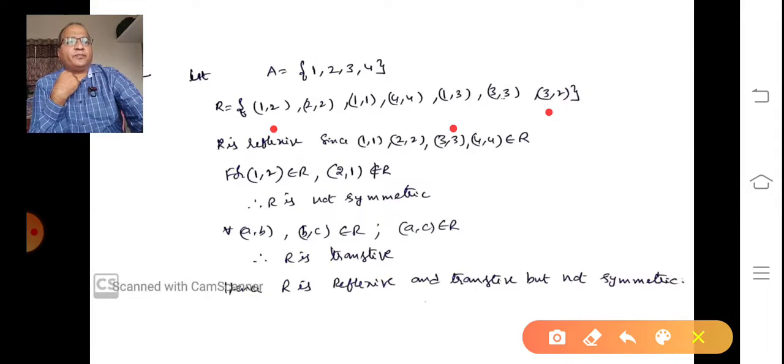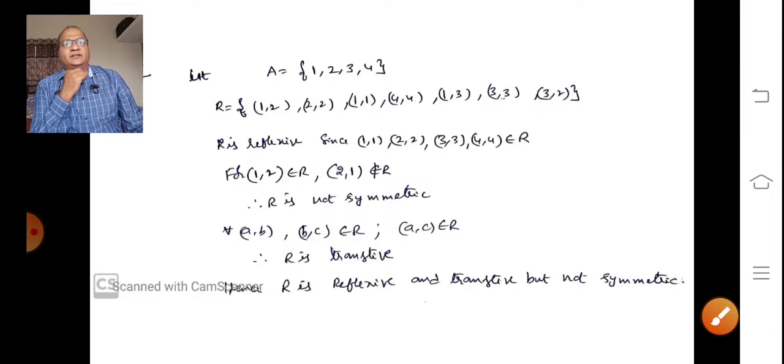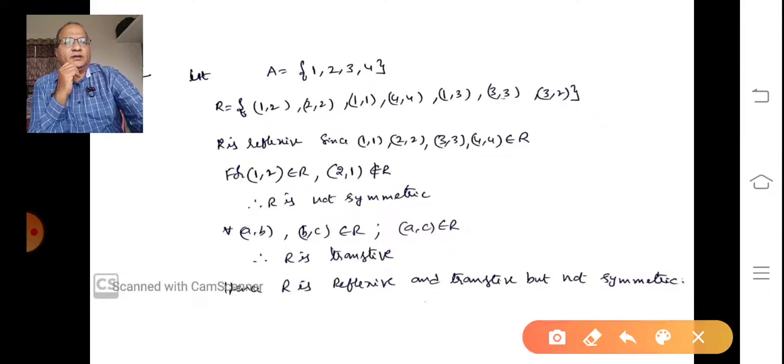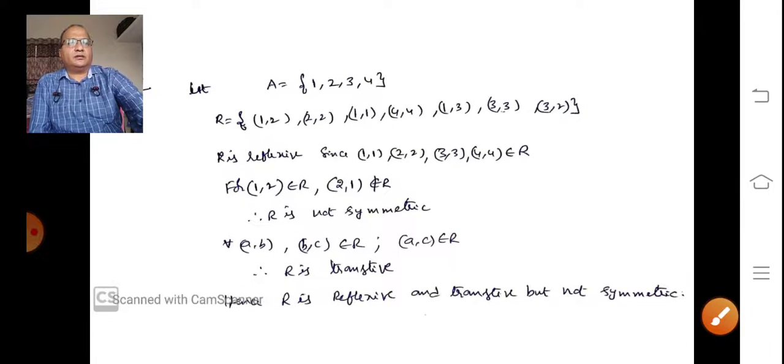So like that, if you take any two elements where the second ordinate of the first element and the first ordinate of the second element match, you will get an element of the form (a,c), hence it is transitive.